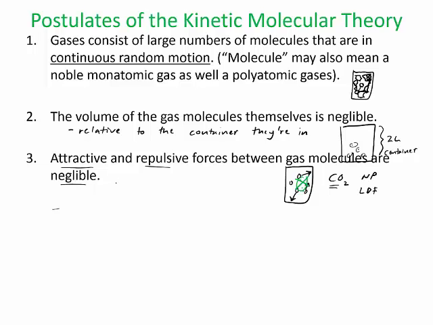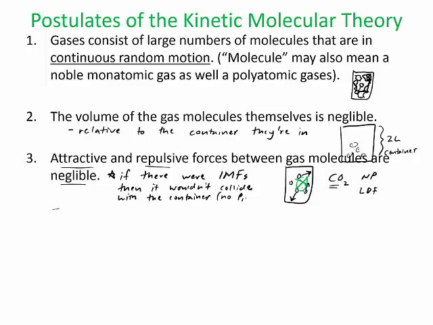If there were attractive forces, these would be called IMFs. If there were IMFs, then the gas wouldn't collide with the container, and it wouldn't cause pressure as predicted.